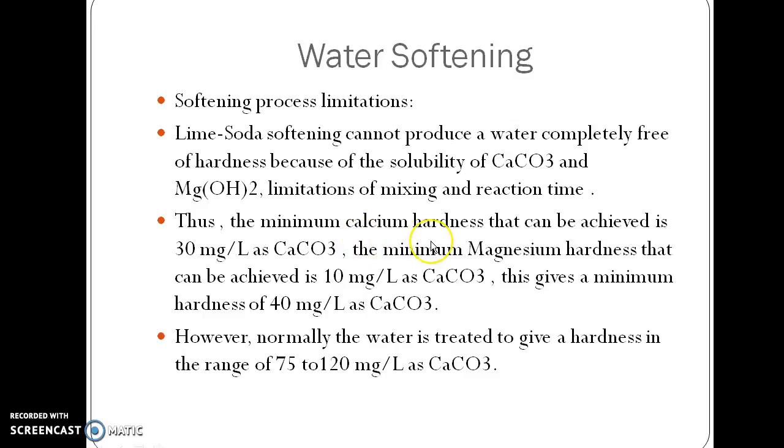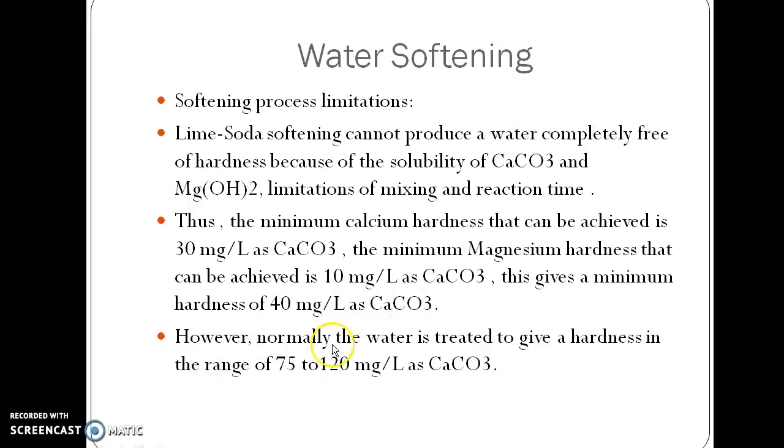Thus the minimum calcium hardness that can be achieved is 30 milligrams per liter as calcium carbonate. The minimum magnesium hardness that can be achieved is 10 milligrams per liter as calcium carbonate. This gives a minimum hardness of 40 milligrams per liter as calcium carbonate.